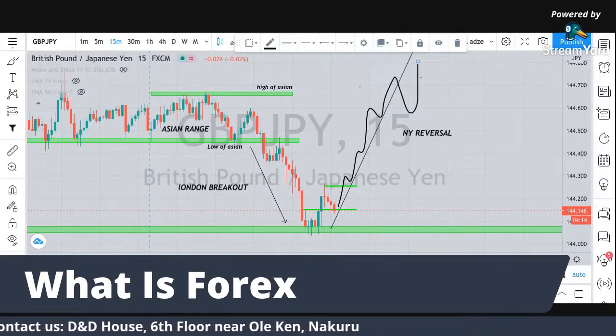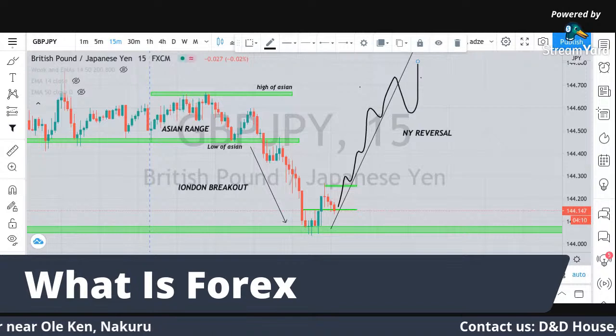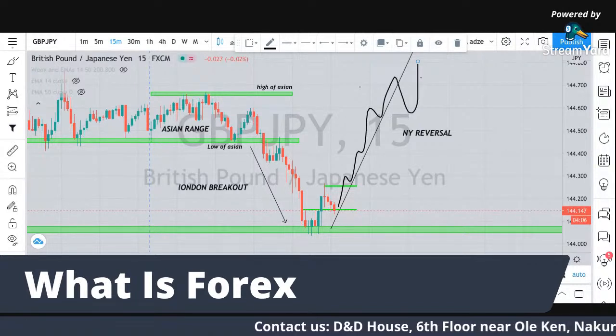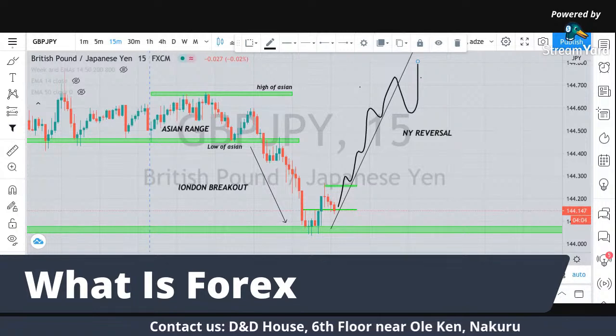Let's see what these indicators are saying. The live currency strength meter.